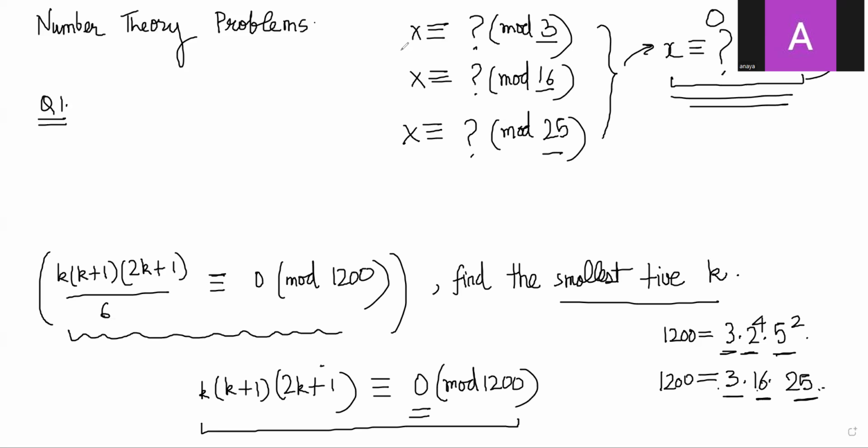We should try to figure out mod 3, mod 16, mod 25 what it is, because that will give us a better idea of k, since it will give us more restrictions on k. You just have to figure out the initial a1, a2, a3 that we discussed. If you can figure that out, then you will be able to say what k can be.